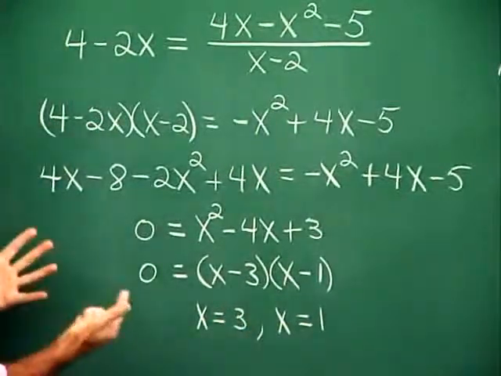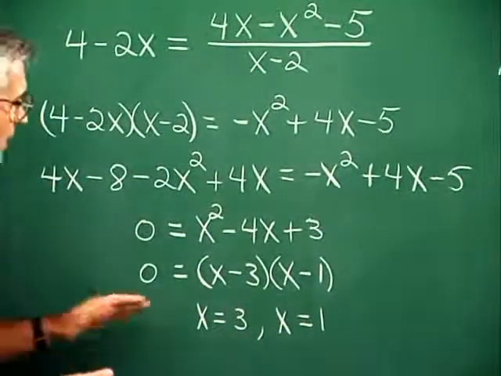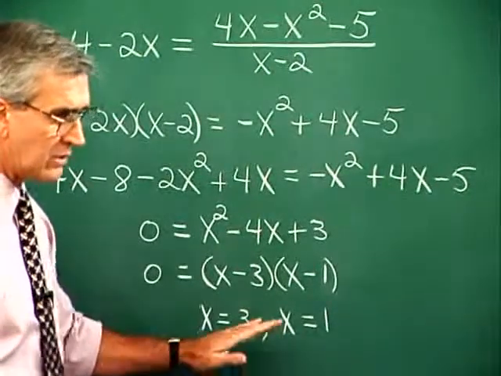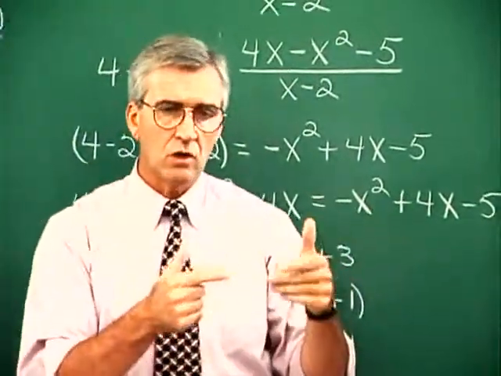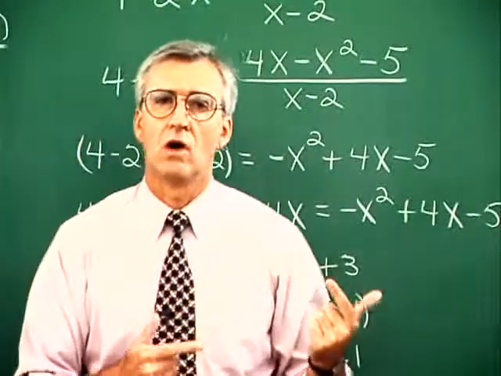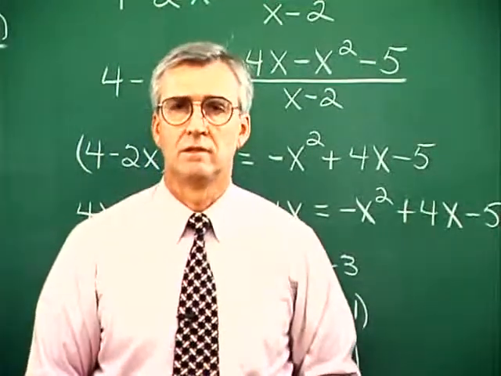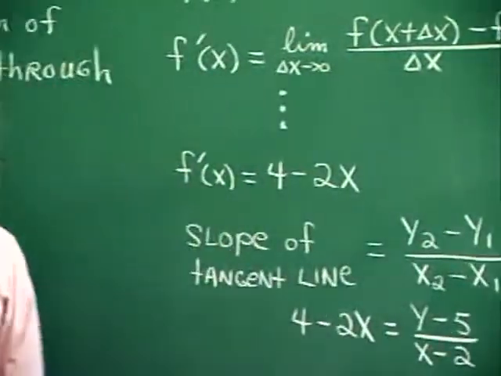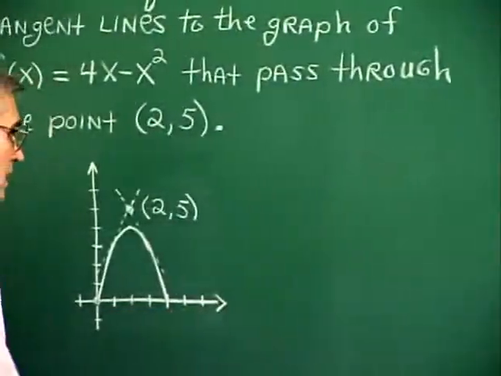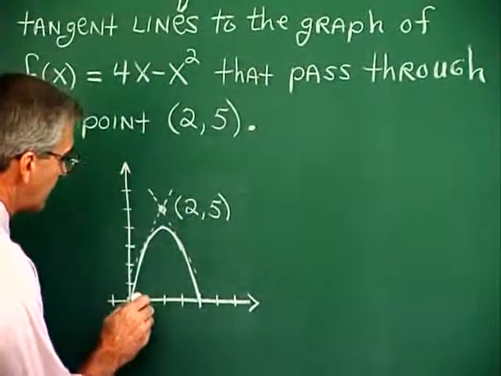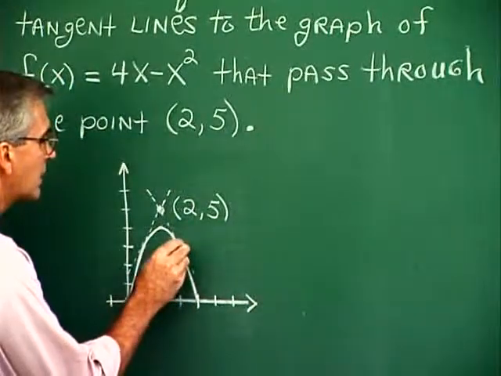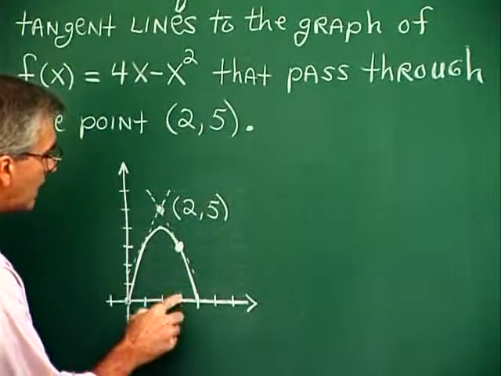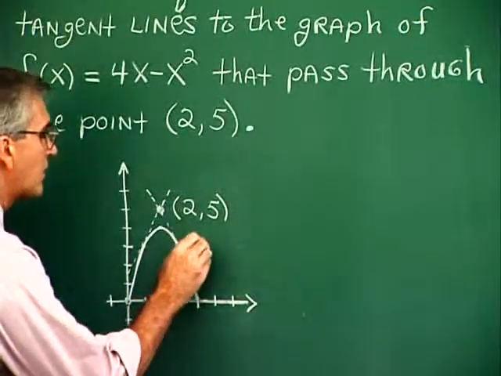Now, what are these values of x? Well, these values of x give us the x coordinates for points on the original graph. Come over here. Let's look at the graph. Let me show you. See, x is 3 and x is 1. All right, an x of 1, 2, 3 gives us a spot on the graph. You see, and that's the point 3, 1, 2, 3. This is the point 3, 3.